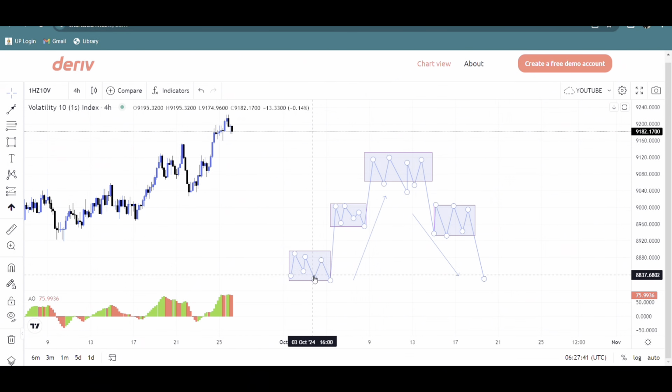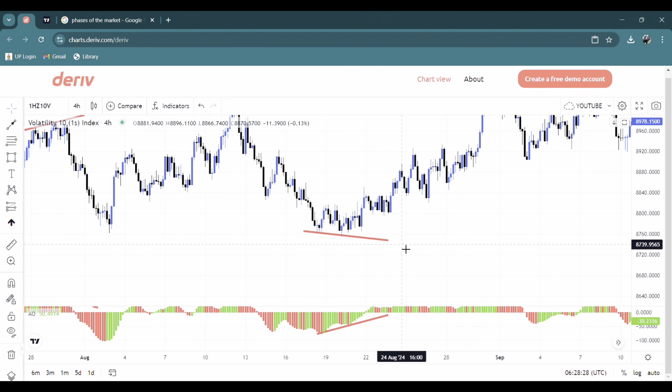So when you're on this side of the market you're also looking for your bullish divergences, and on this side of the market you're looking for your bearish divergences. And here you'll most likely find a bearish divergence, which will tell you that the price is about to change its direction. So let us jump to a few examples of how to spot your divergences.